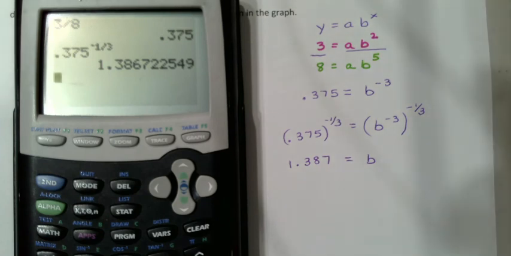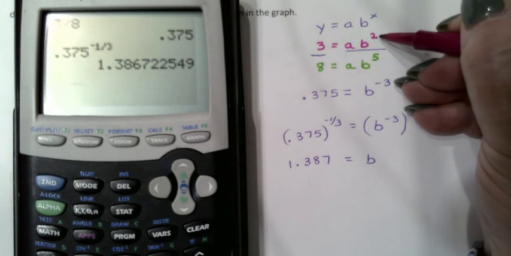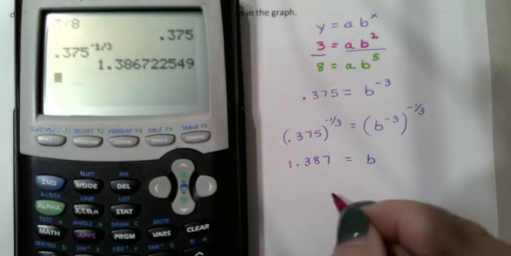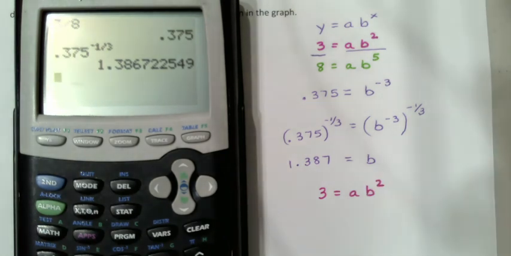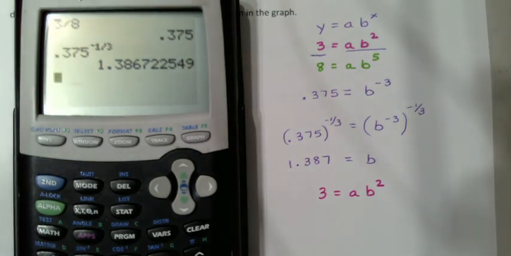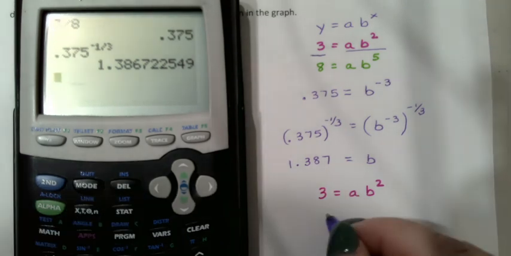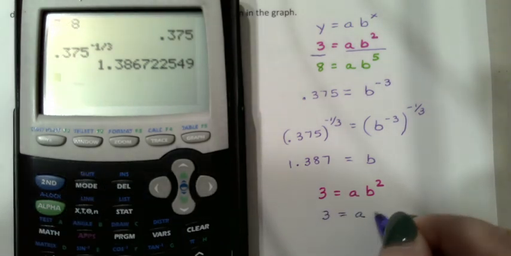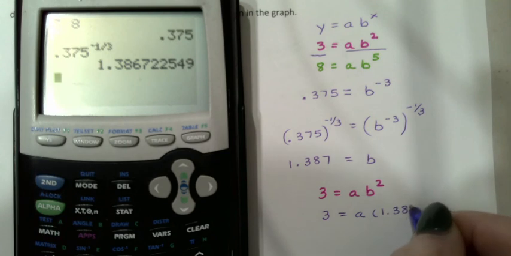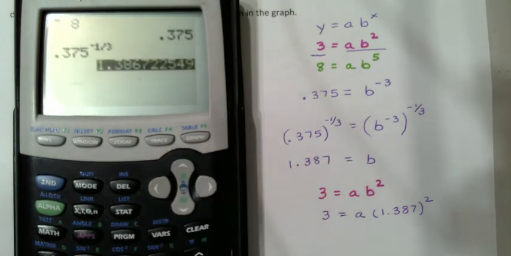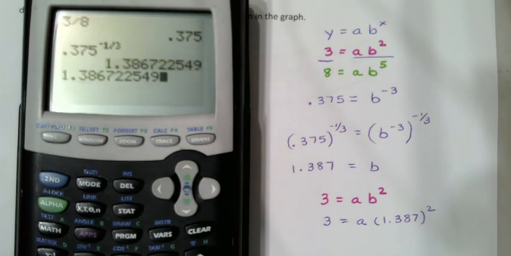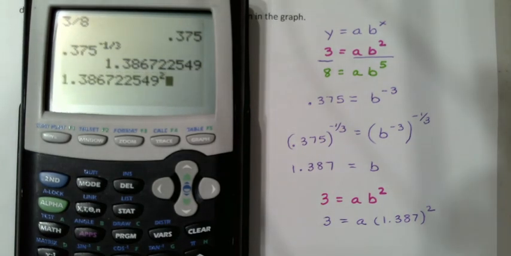All right, I still need to find the a value. So I'm going to go back to this one I have here in pink. Got the smaller exponent, although it really doesn't matter. You can use either equation. And I'm now going to plug in the b value that we just found. All right, so I need 1.387 squared, but I'm actually going to use the complete decimal form, at least as far as the calculator gave me, and square that.